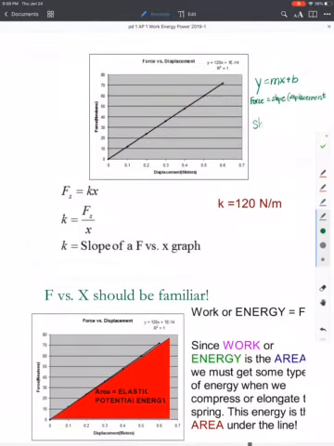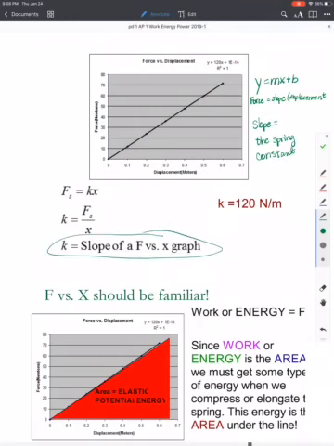So our slope is the spring constant on a force versus displacement graph. That's what this is right here. This is a new piece of information we can now get from force versus displacement graphs.